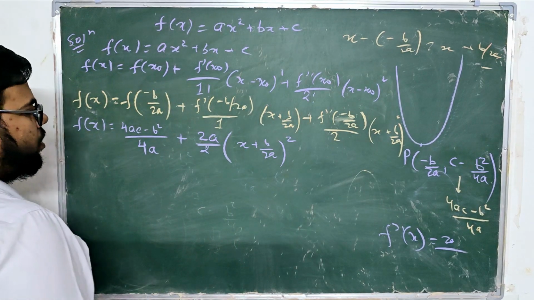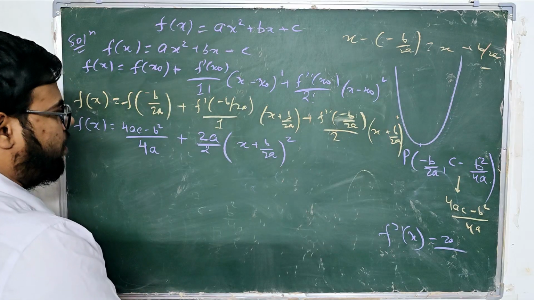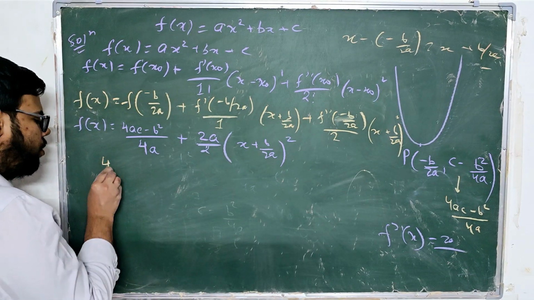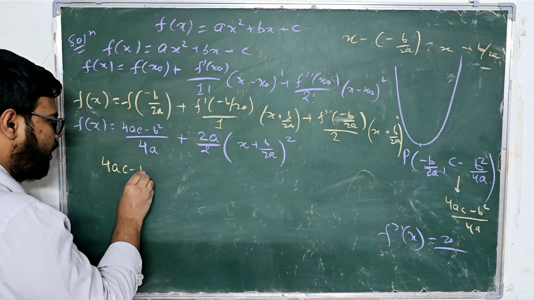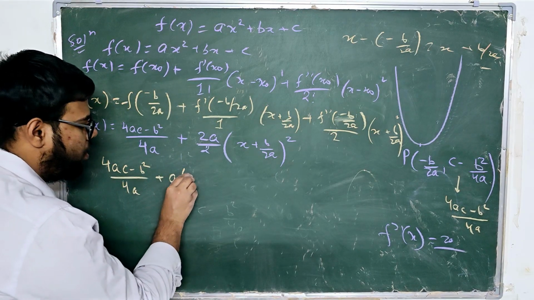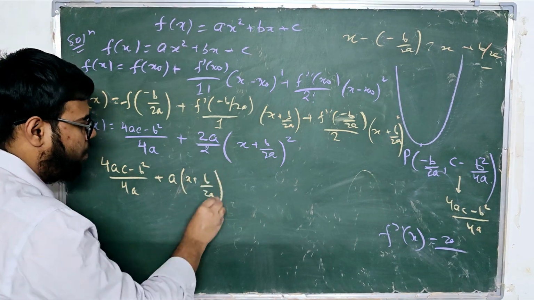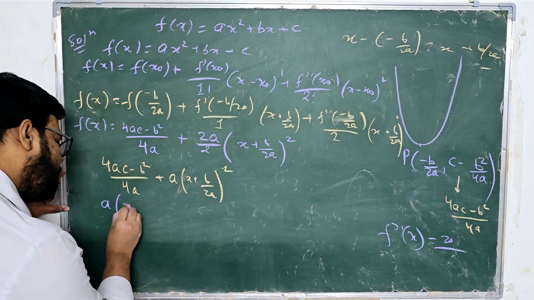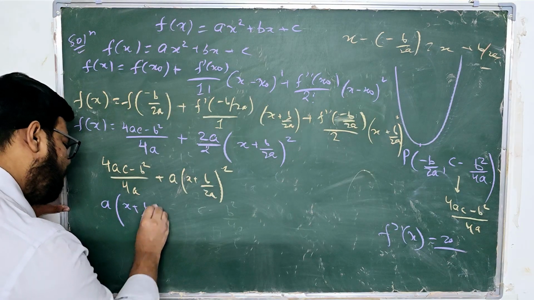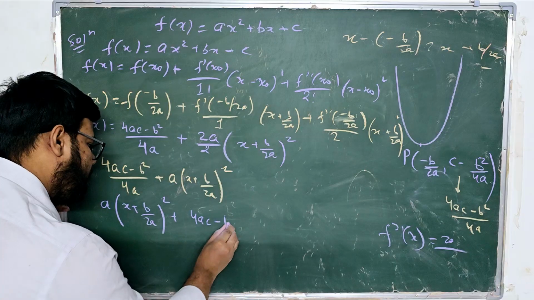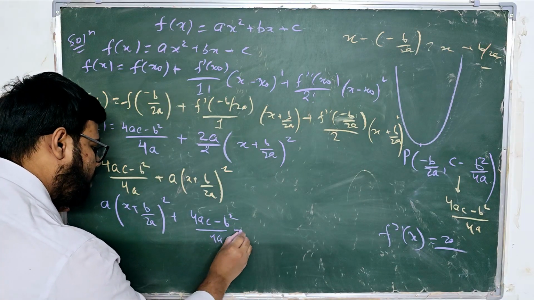Okay, so what's next? Well, let me tell you. We have got this expression, right? Let's simplify it a bit: (4ac minus b square) by 4a plus a times (x plus b by 2a) whole square. Let me write it properly. So you'll have a times (x plus b by 2a) whole square plus (4ac minus b square) by 4a, which is f(x).